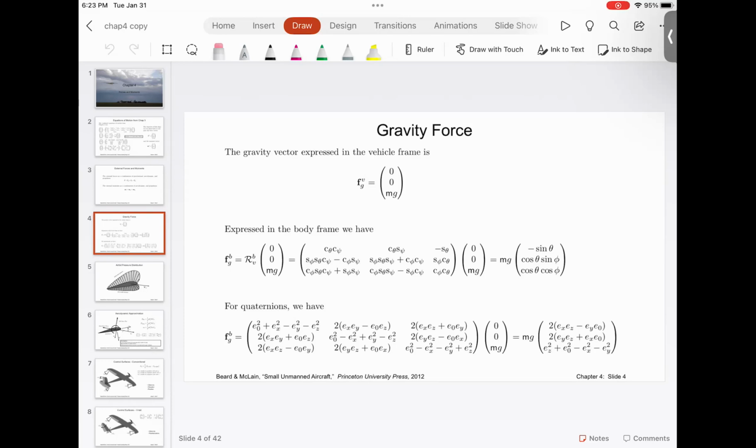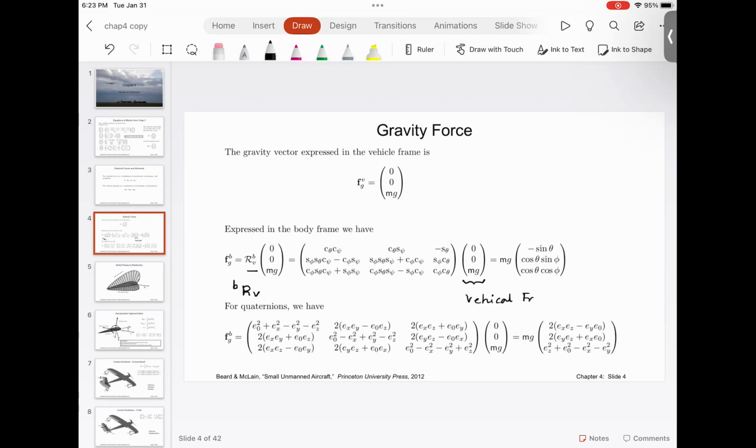So what I have is this rotational transformation. Please understand and look at this. This is the rotation matrix. This rotation matrix is body RV. So this force, which is the force because of gravity, is in the vehicle frame.